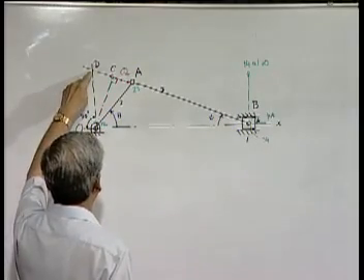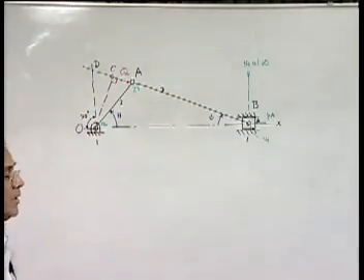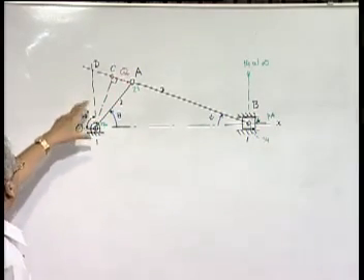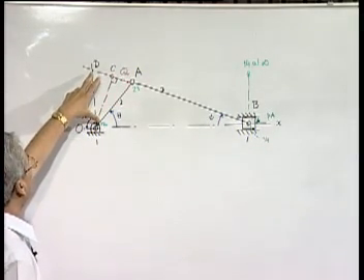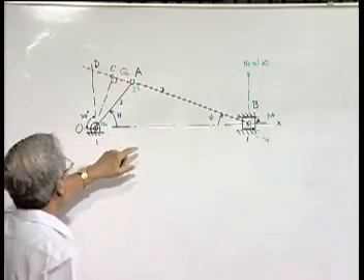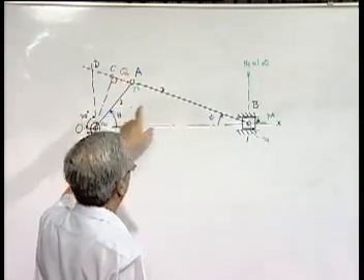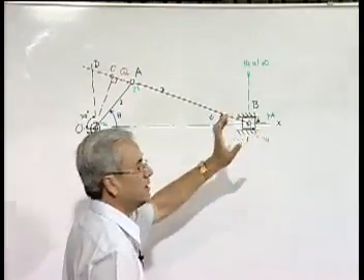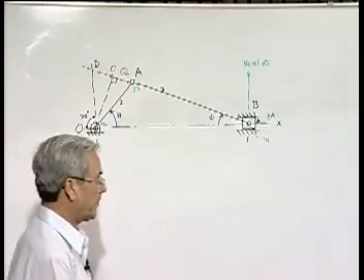This is the point D. We can easily show that this point D is the relative instantaneous center between link 2 and link 4, that is the slider or the piston.